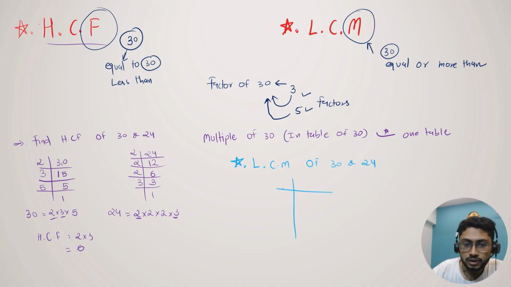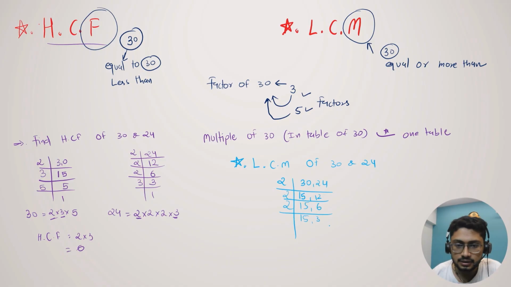You need to perform the prime factorization simultaneously over here. 2 into 15, 2 into 12, 2 is there, 15 as it is, 6, 2 into 15 as it is, 3, 3 fives are 15, 3 ones are 3, 5 ones are 5, 1.